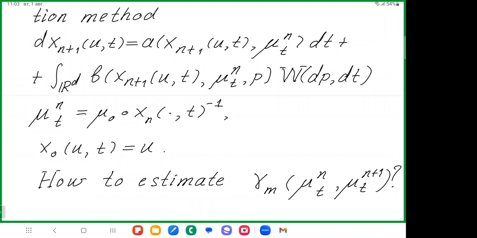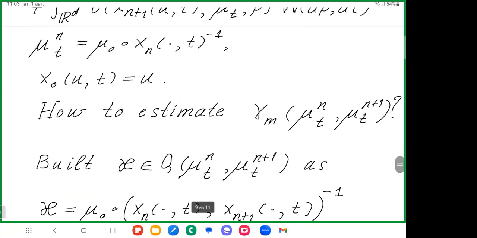As we remember, it is the infimum over the set of measures which have mu tn and mu tn+1 as the marginal projections. So to estimate the distance between two probability measures, we just take one representative from the set Q(mu, nu). And the problem always is only how to find the appropriate representative.